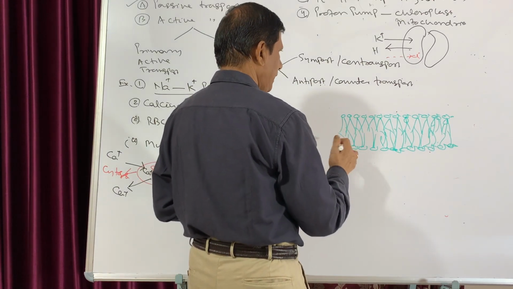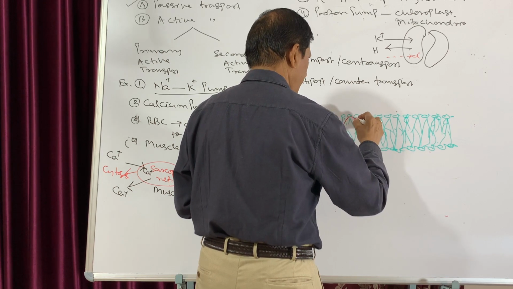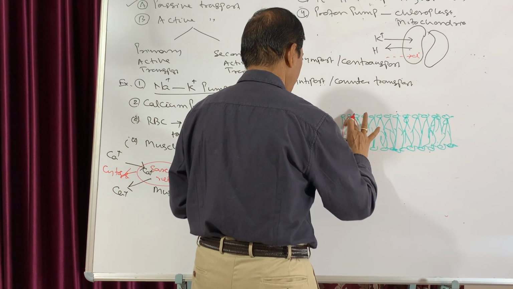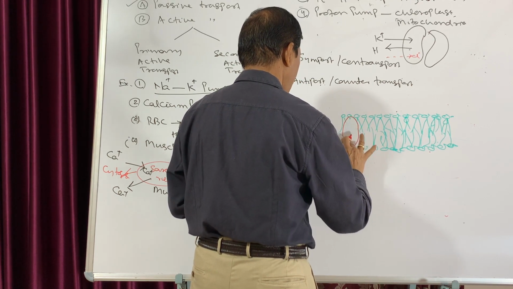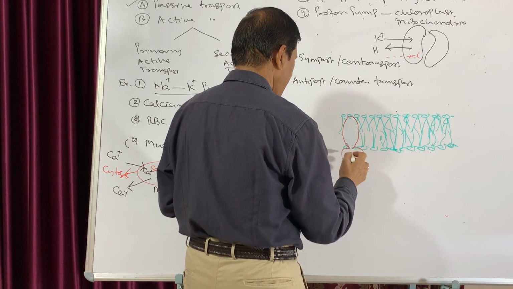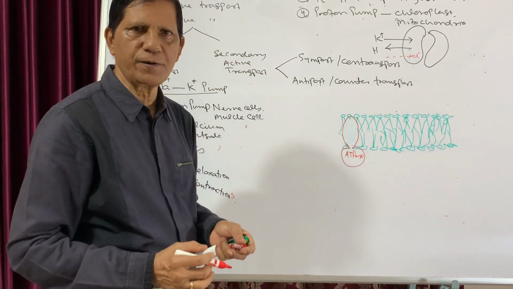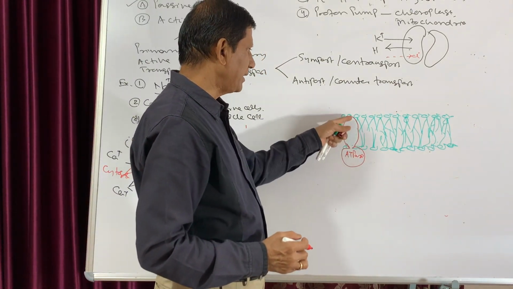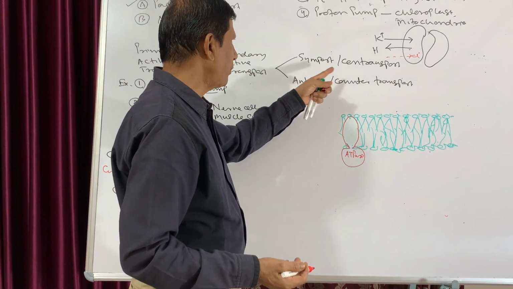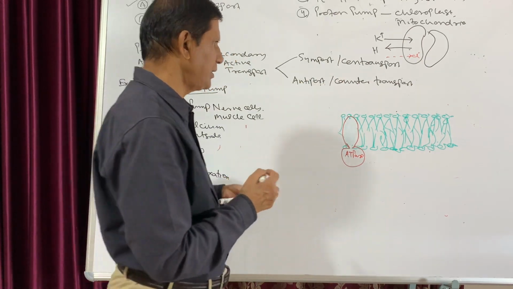Here the ATPase enzyme is there, and there is expenditure of energy. So when the expenditure of energy is taking place, what is happening? You see how symport and antiport, or cotransport and countertransport, are taking place.